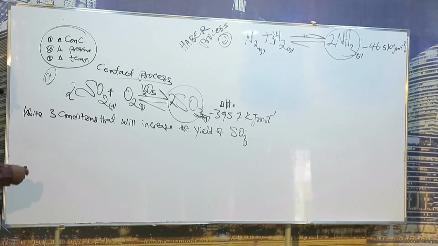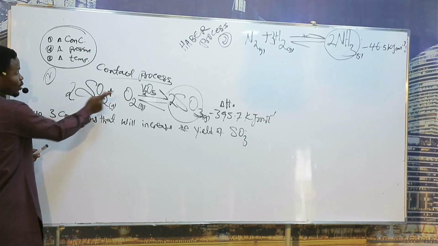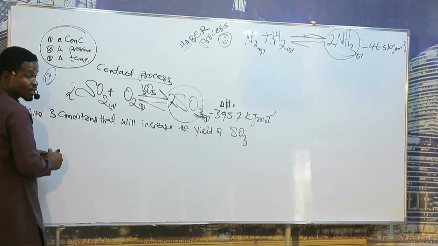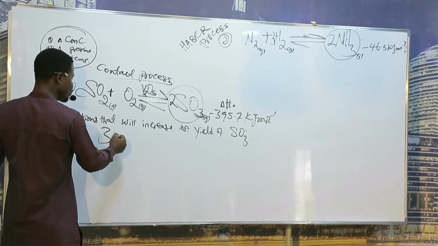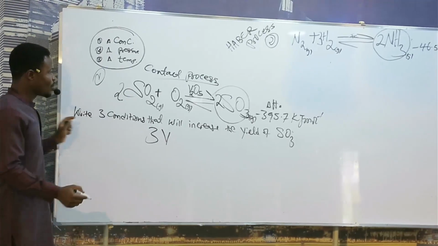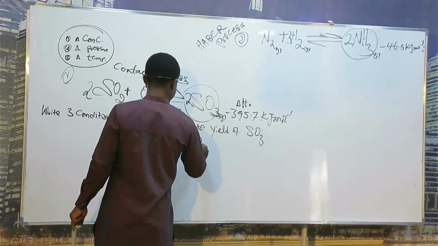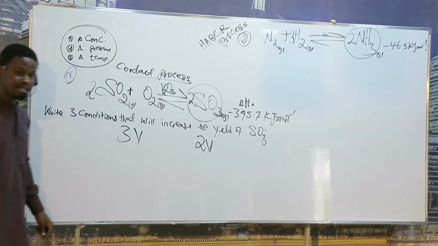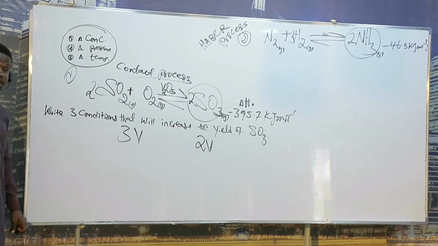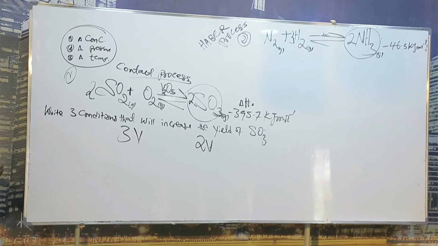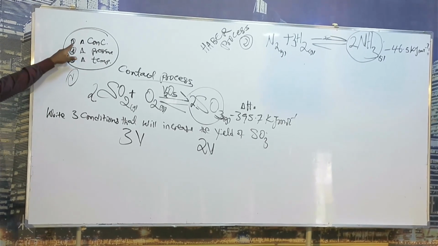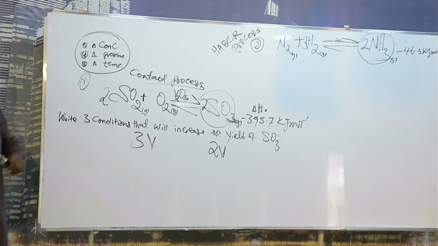What is the total volume here? 2 plus 3, which is 3 volume or 3 moles. What is the total here? 2. Are you listening? Stop writing. Just look at your screen. Increase, let's start with concentration.